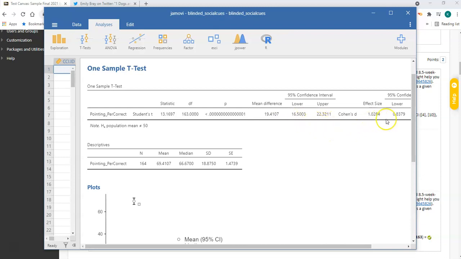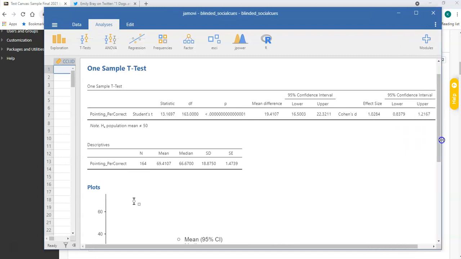There's d, and then here's the confidence interval around d. Here is the mean. So this is the mean number of percent correct, I guess I should say, the mean percent correct for all the puppies.